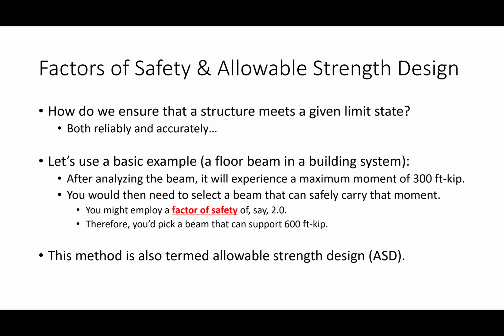We could, on the other end, amplify the loads. Like if we were in a design scenario and I have a beam and it needs to support 3,000 pounds, I might design it to support 6,000 pounds. Again, whether the factor of safety is amplifying the loads or it's decreasing the strengths, it's doing the same thing.